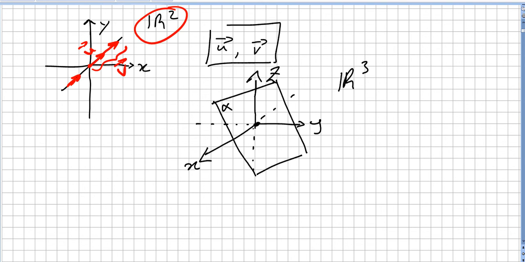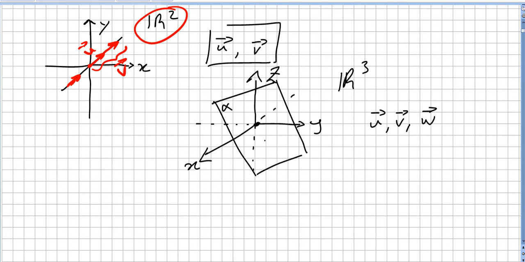So we say that three vectors u, v and w are dependent if and only if they lie on the same plane through the origin. So this is plane alpha, three vectors will be linearly dependent if they lie on the same plane that crosses the origin.